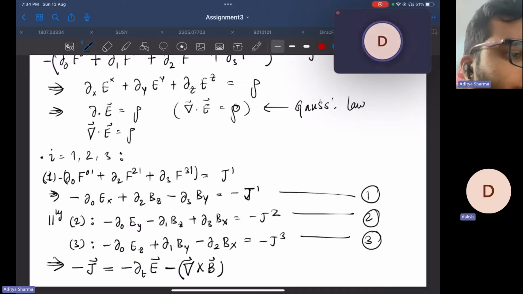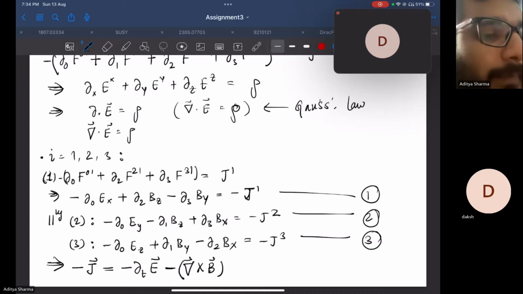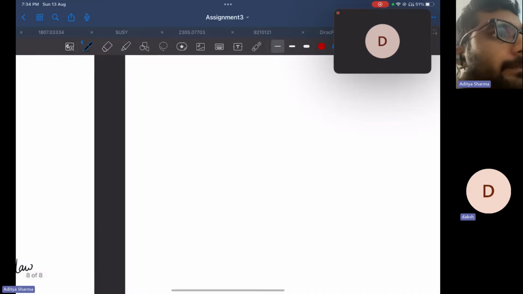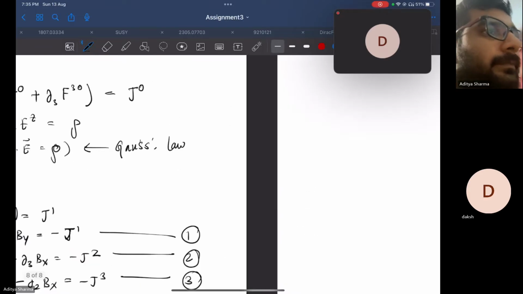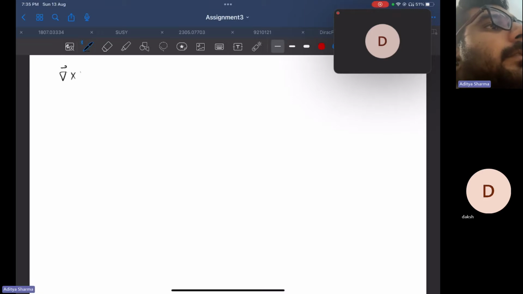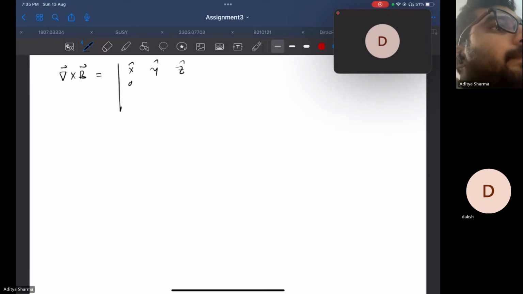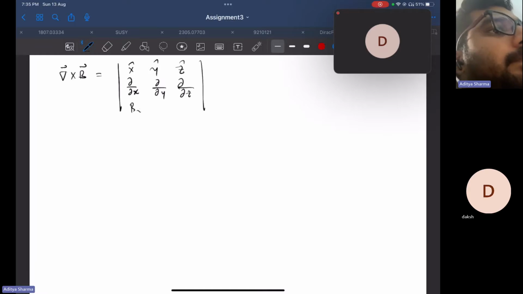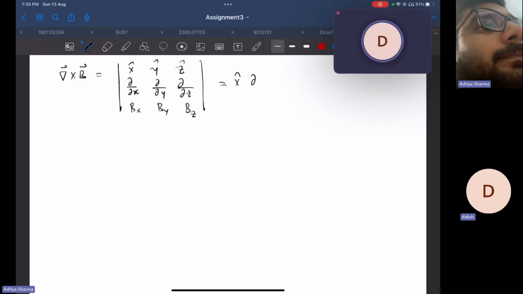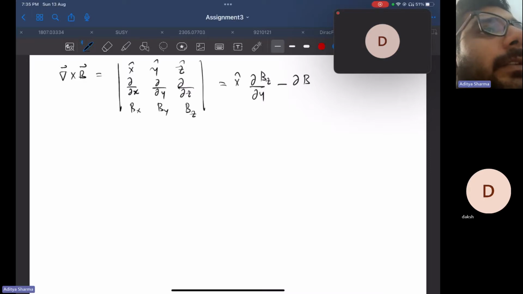Curl of B means you're going to have something like x cap, y cap, z cap, and dx, dy, dz.